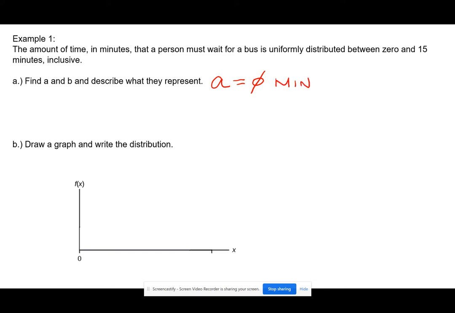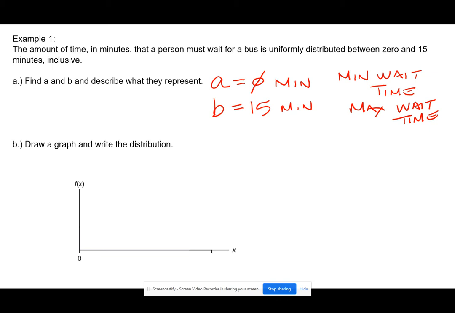And the interpretation of that would be that this is the minimum wait time. The b is the maximum value, in this case 15 minutes, and that is going to be the maximum wait time.